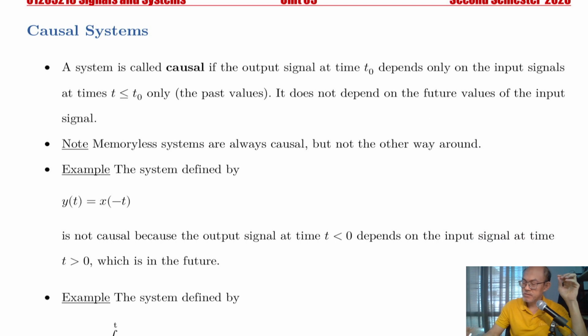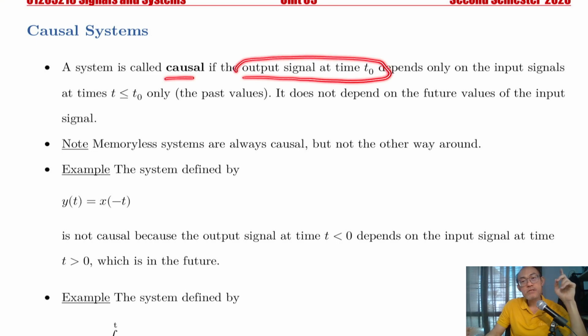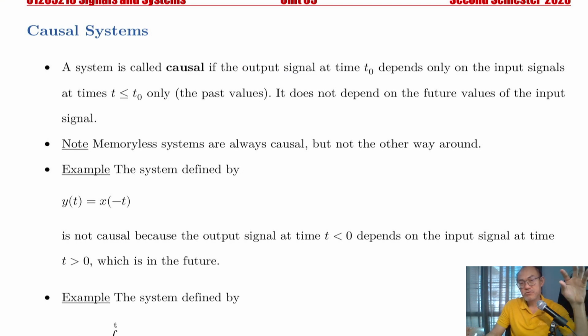The next concept of systems is called causal systems. A system is called causal if the present value of the output depends on the past or present, but does not depend on the future input signals.